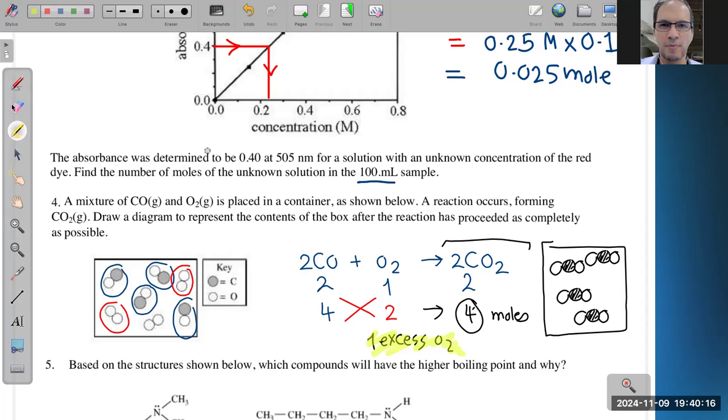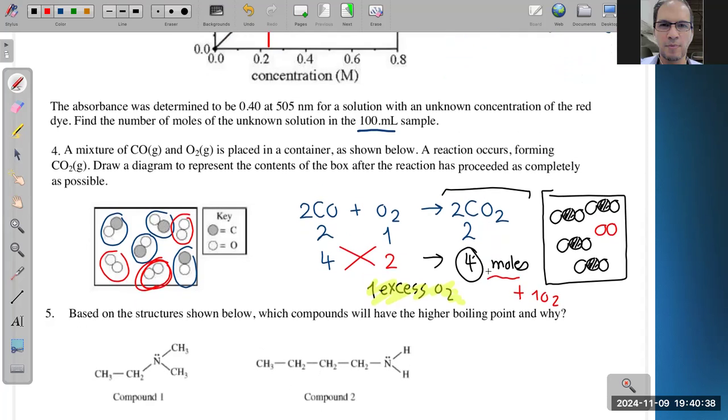We have to draw this one also in the products, because 4 molecules should react with 2, but in fact I have 3. So this excess one is going to show up here at the end. So the product is 4 moles of carbon dioxide plus 1 excess mole of oxygen.